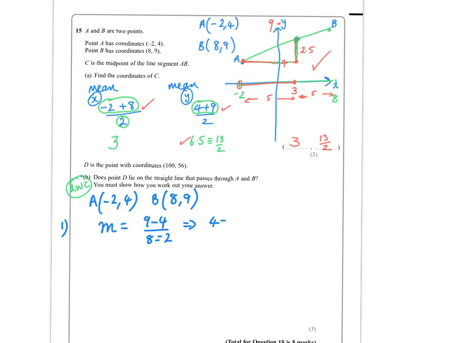So we could have had 4 minus 9 over minus 2 minus 8. Either instance would have got either 5 over 10 or minus 5 over minus 10, and they both give a gradient of a half.